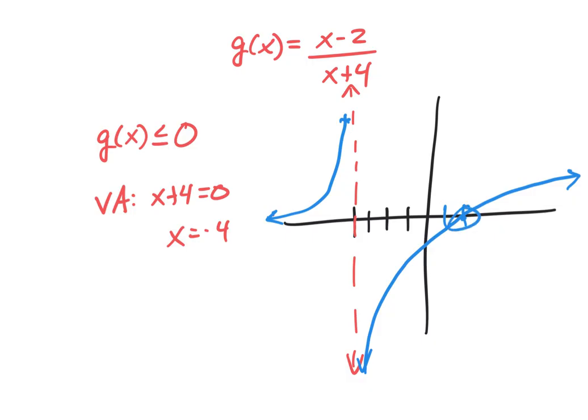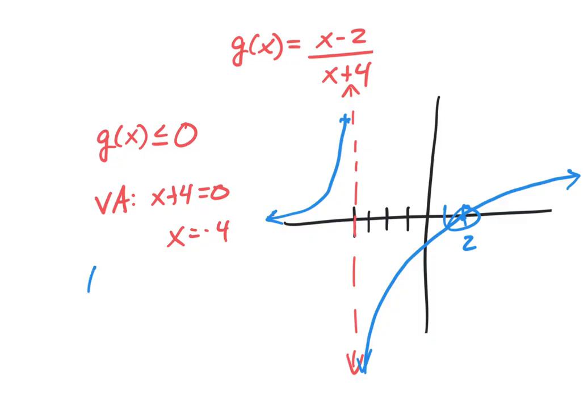This is a really big point, x equals 2. So the only place that this graph is negative or below the x-axis is to the right of -4 until I get to 2. Okay, and we have an equal to sign here. So we're going to include 2, because that's the only place where it would be equal to 0.